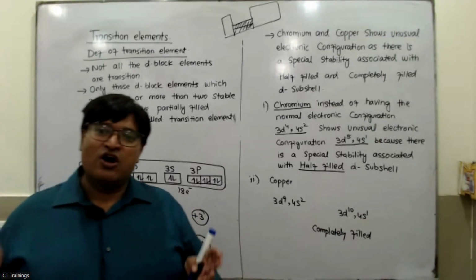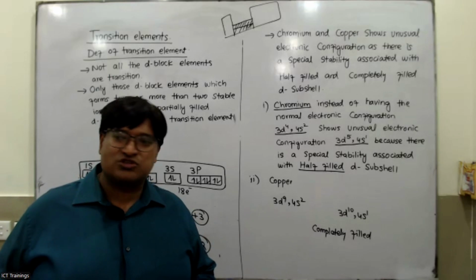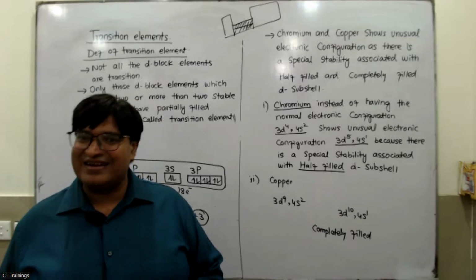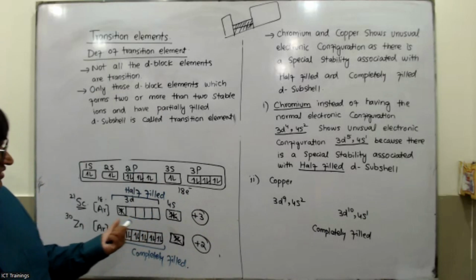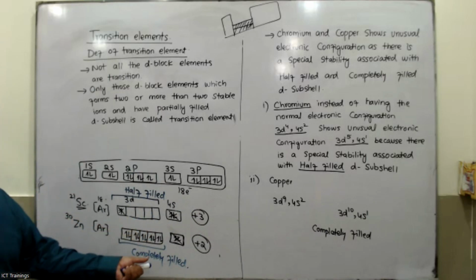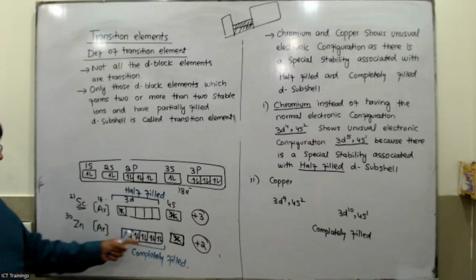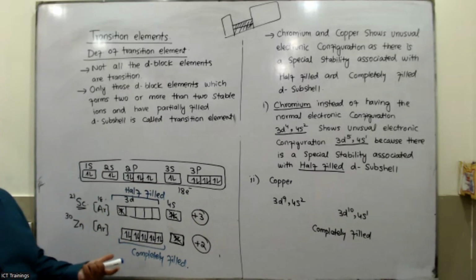Okay, why? Because scandium only shows the +3 oxidation state and it has an empty d orbital after the formation of the ion. Whereas zinc shows the +2 oxidation state and it has a completely filled d subshell. Its d subshell is not partially filled. So that is why this is also not transition.